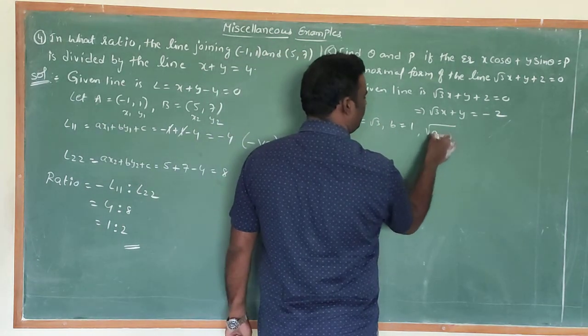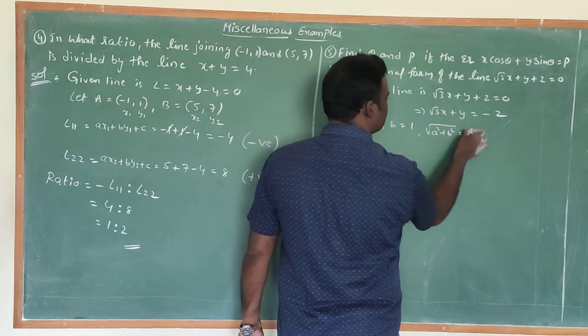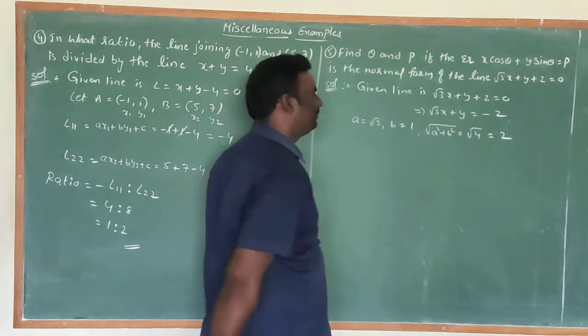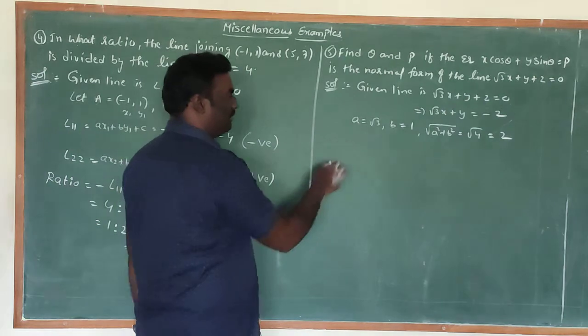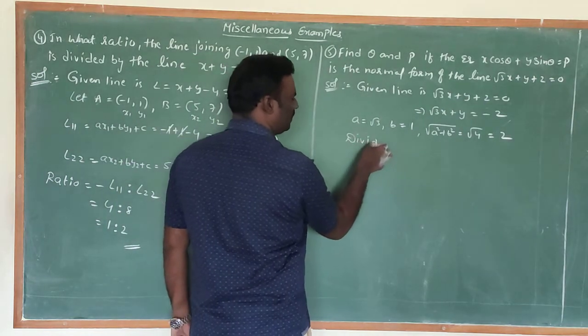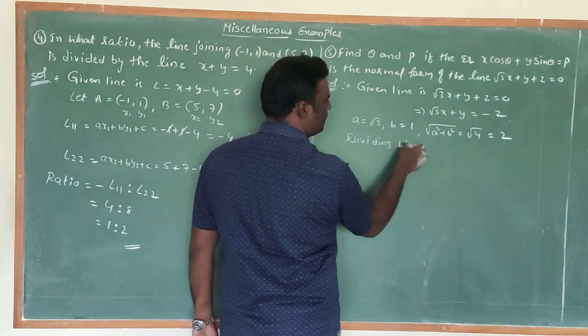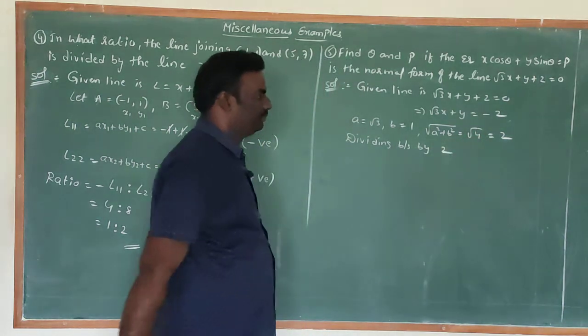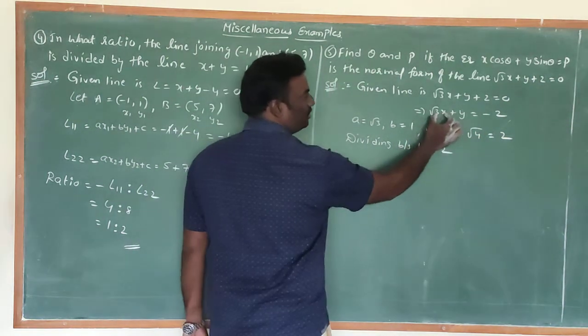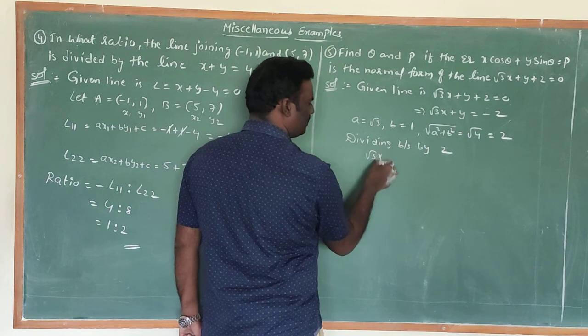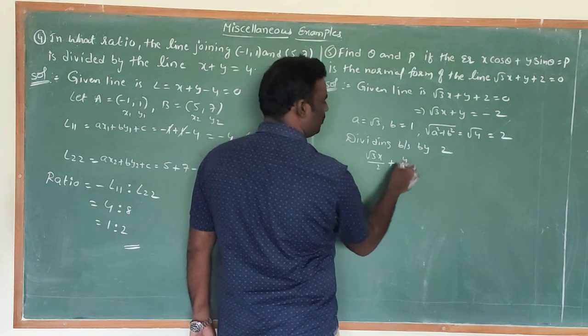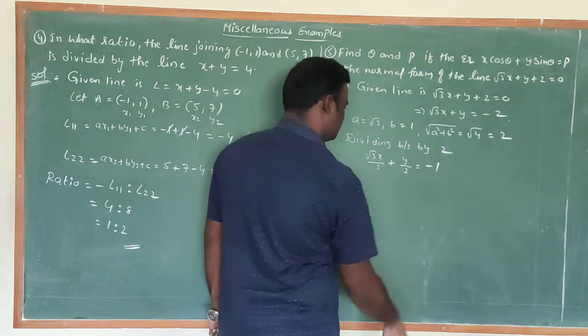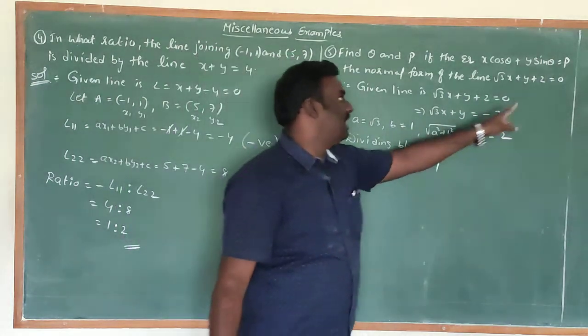Then under root of a square plus b square means 3 plus 1, 4, that equals 2. Dividing both sides by 2. What is the first term? Root 3 x by 2. What is the second term? y by 2. Right side is minus 1.